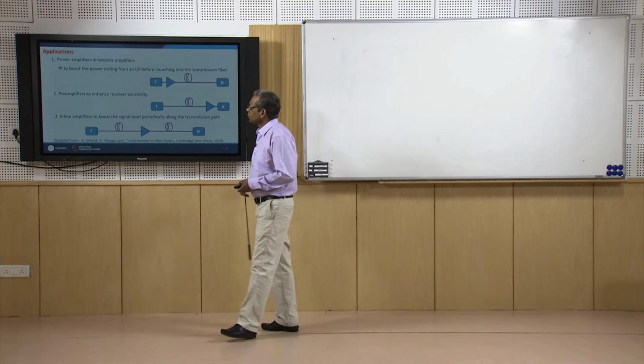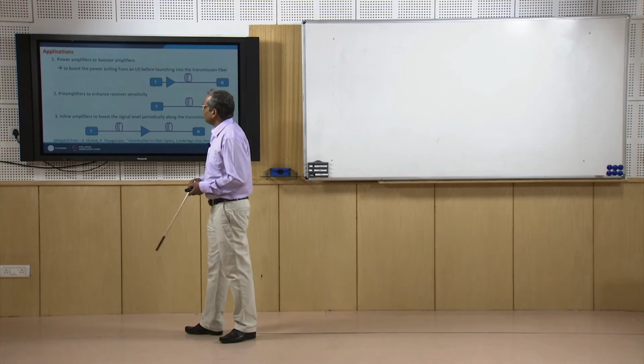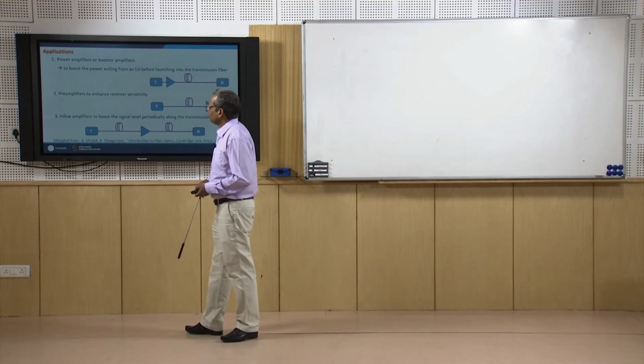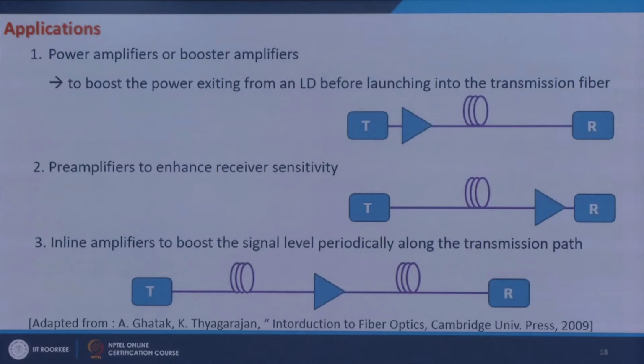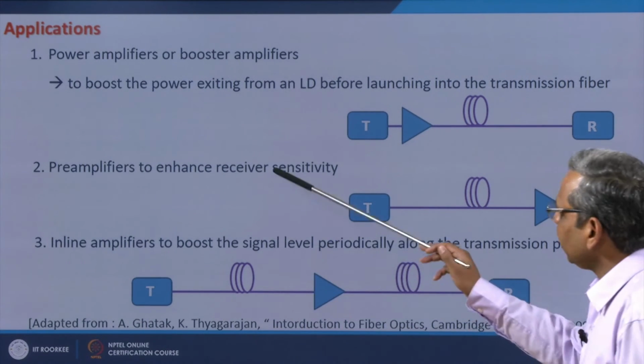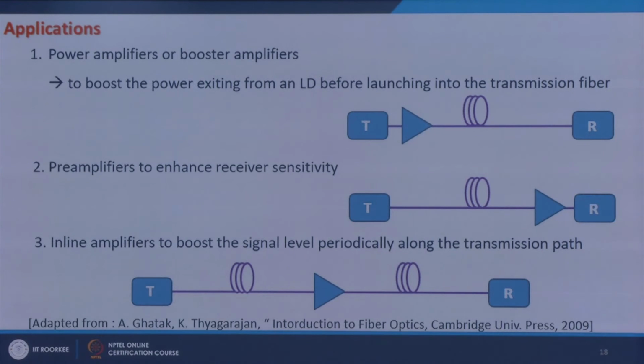What are the applications? The applications of EDFA are in power amplifiers or booster amplifiers. Before sending the signal into the transmission fiber link, you can first boost the signal using an amplifier, then it is known as a booster amplifier. You can use it as a pre-amplifier to enhance the sensitivity of the receiver.